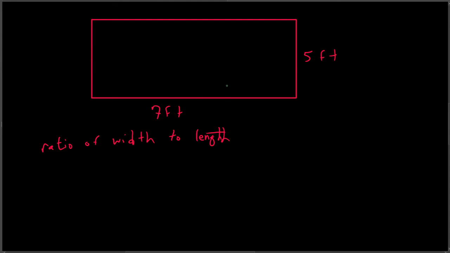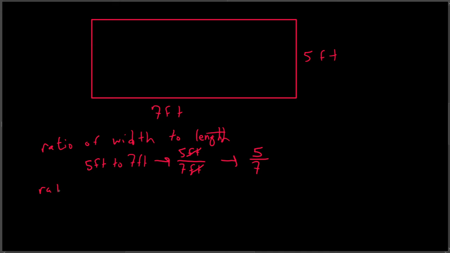The width is 5 feet, so this would be 5 feet to 7 feet, right? The first thing on the numerator, the second thing in the denominator. The repeated units cancel, and the ratio is 5 to 7.